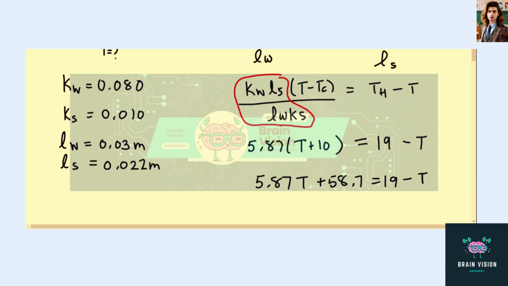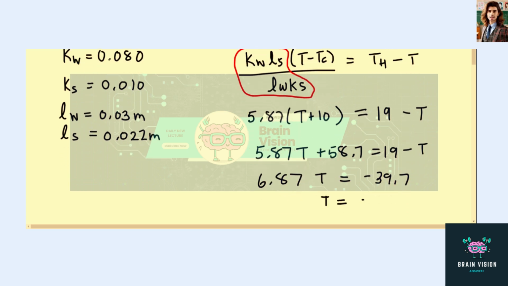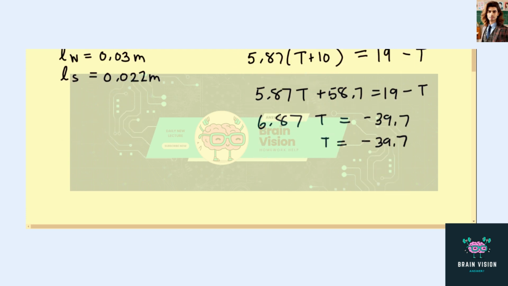Let's bring the minus T over to the other side, that becomes a plus T. Then I'll bring the 58.7 to the other side, so that's 19 minus 58.7, which gives negative 39.7. Finally, we're going to divide by 6.87. That gives a temperature right in the middle of the wood and the styrofoam of minus 5.78 degrees Celsius. That is our final answer for part A.